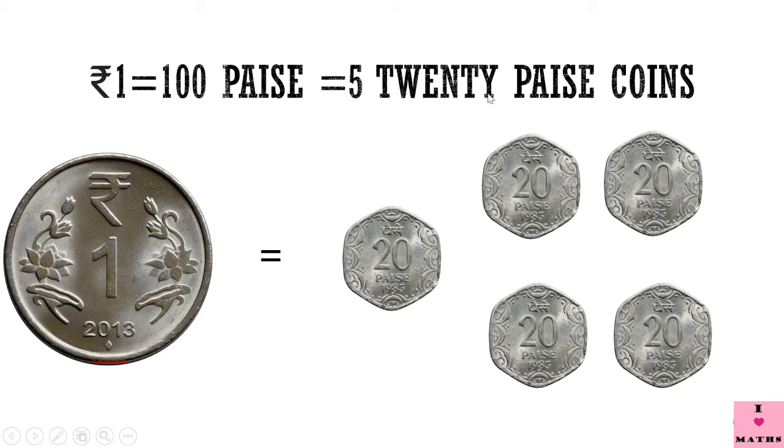So 5 twenty paisa coins will make rupee 1. 20 plus 20 is 40, plus 20 60, plus 20 80, plus 20 100. So children, 5 twenty paisa coins make 1 rupee.